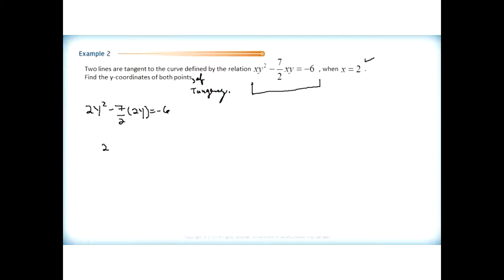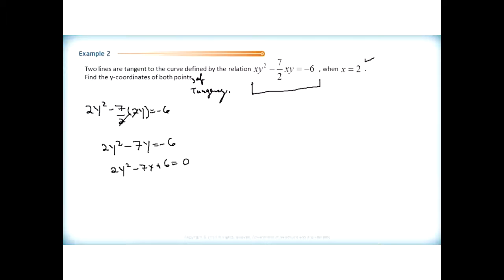Okay? So 2y squared, and multiplying negative 7 over 2 by 2y, I'll just throw those 2's away, minus 7y equals negative 6, or writing this as a quadratic, 2y squared minus 7y plus 6 equals 0.